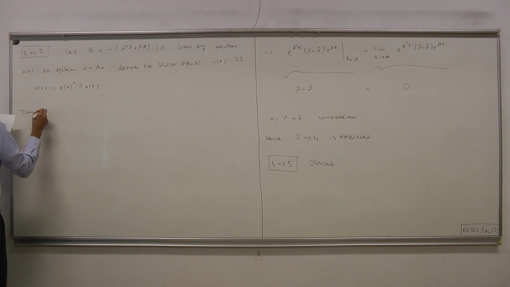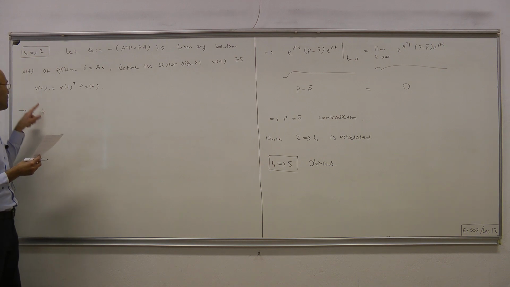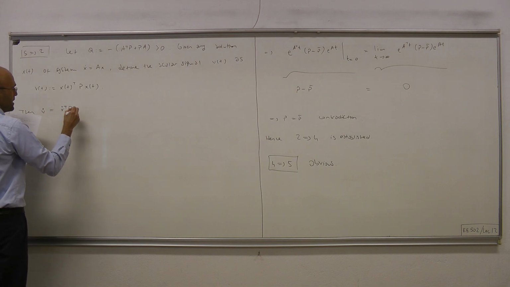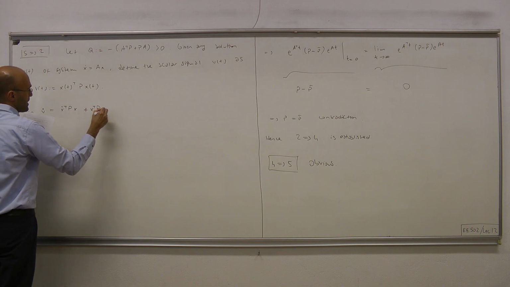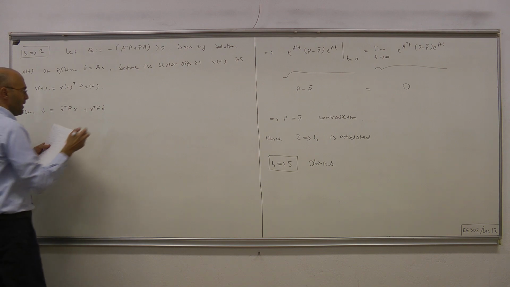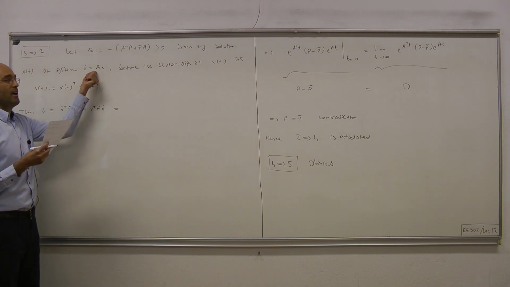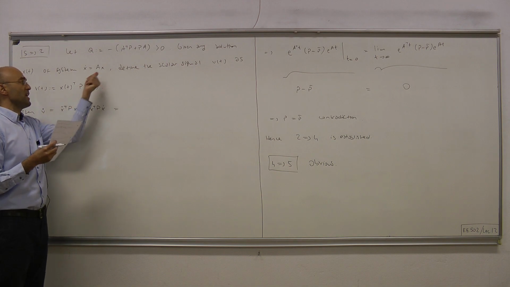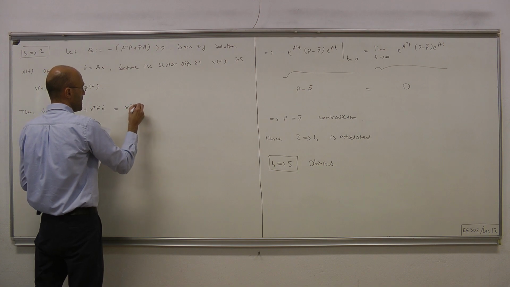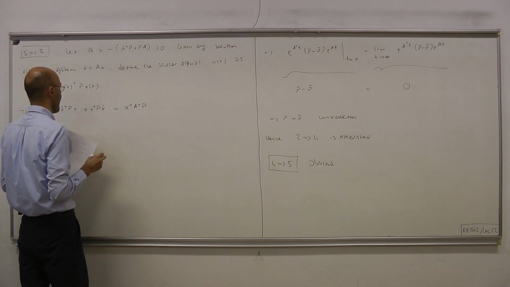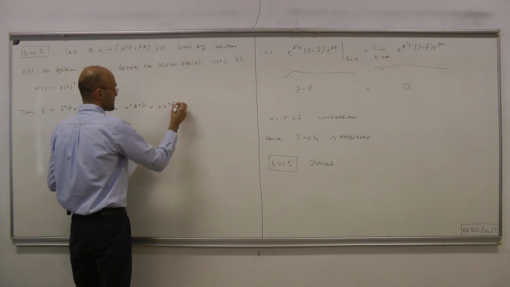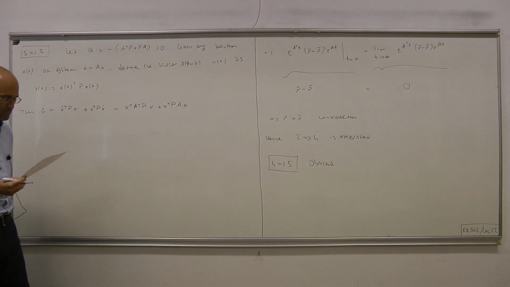Then v dot, the time derivative of this scalar signal, equals x dot transpose Px plus x transpose P x dot. Simply, we apply a chain rule here, and x dot is Ax. Therefore, x dot transpose is x transpose A transpose, and we have x transpose A transpose Px plus x transpose PAx.